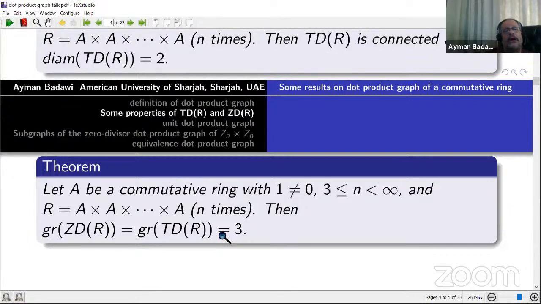And again, what's the girth? The girth is the minimum number of edges you use in order to form a cycle. And a cycle is, as all of us know, like you start from a vertex, you go around and you come back to the same initial vertex.